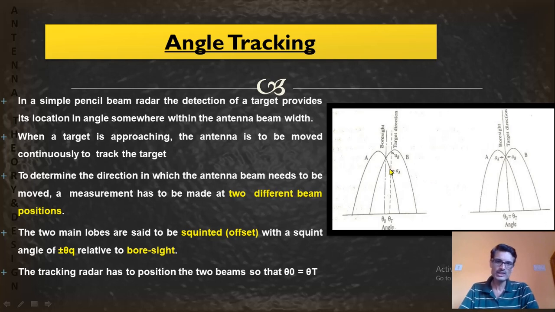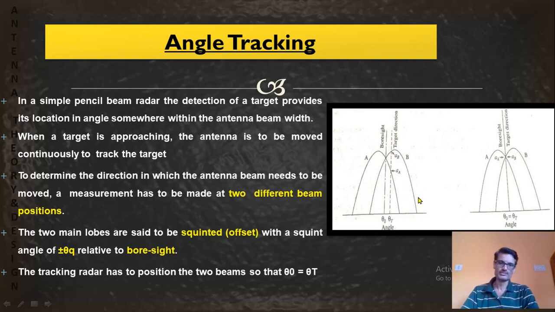As I told earlier, two beam positions, or two beams, are actually required to get the error signal and to decide which direction we have to rotate the antenna. Two different beam positions are required here, and these two beam positions are overlapped, or you can say squinted, or offset.